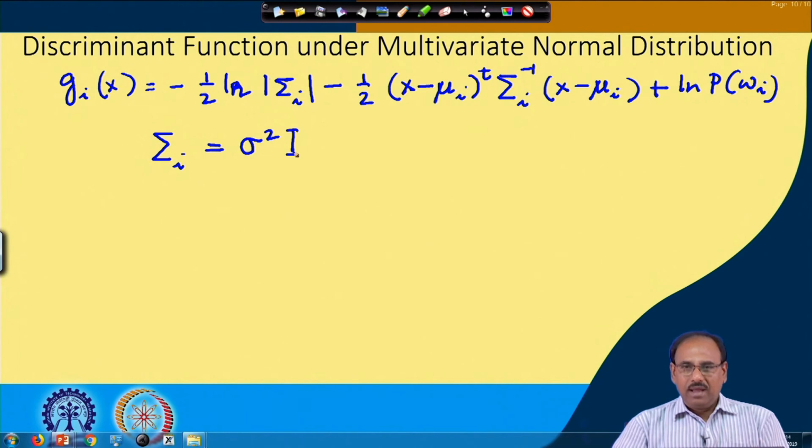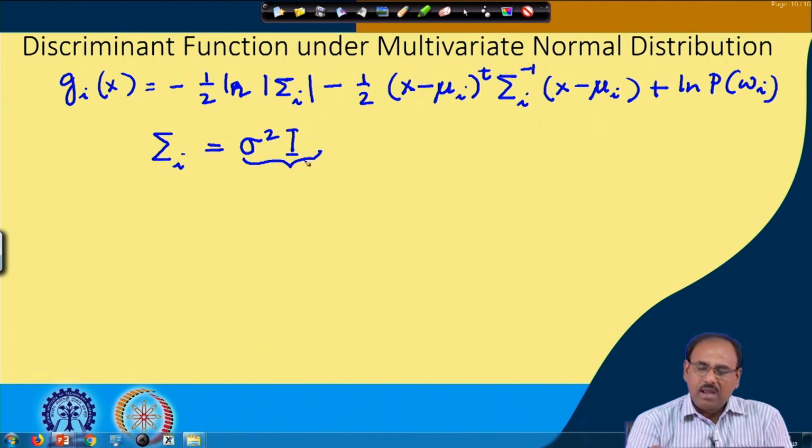And if I assume that for all those components the variance is the same, then all the non-zero diagonal elements will be equal. So, that ultimately leads to the covariance matrix being of the form sigma square I. And I am assuming this to be the same for all the classes.